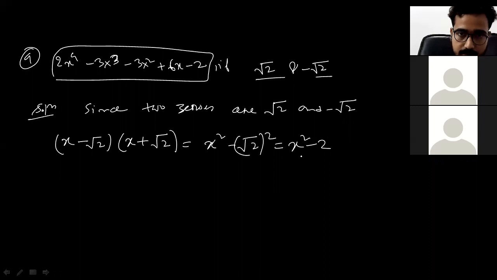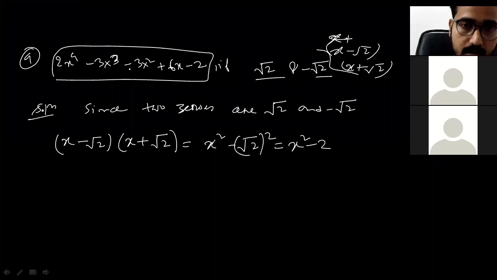Now, if you divide the given polynomial by x square minus 2, you will get the other two factors. Yes or no? Clear? So you have to divide this by x square minus 2. Let me do the division on the next page.